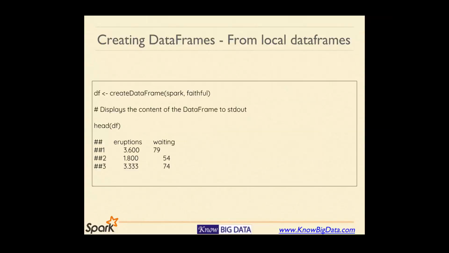We have already launched it, and here is an example of using R. We have created a data frame, and here we are saying create data frame from Spark with this data set. This data set comes with R by default as an example. It's basically the volcanic eruptions data, which shows how many have happened and how many are waiting.